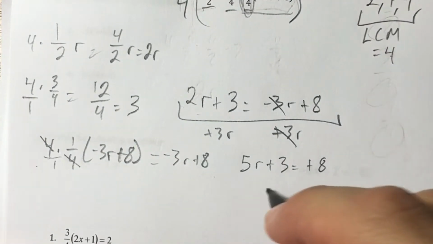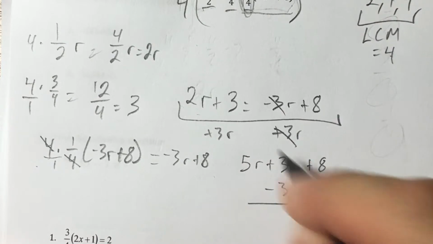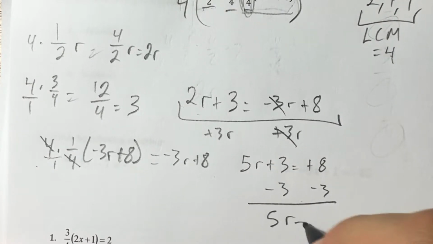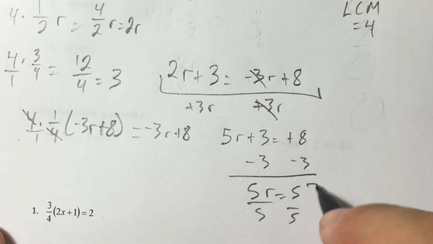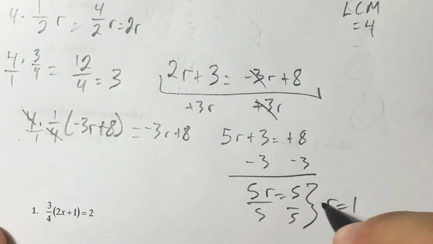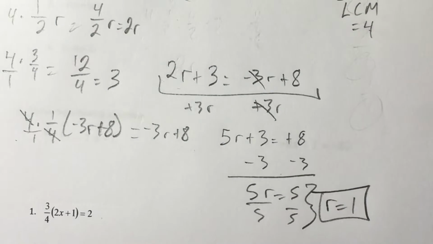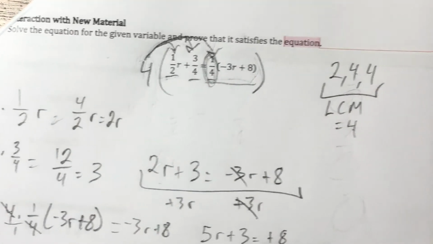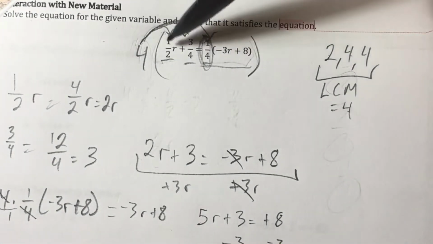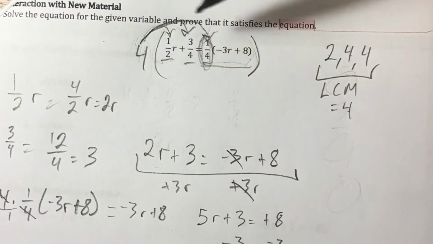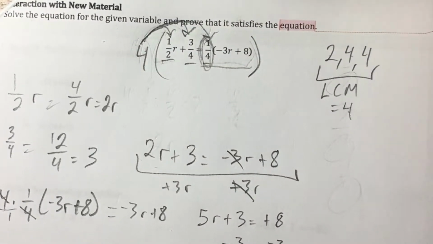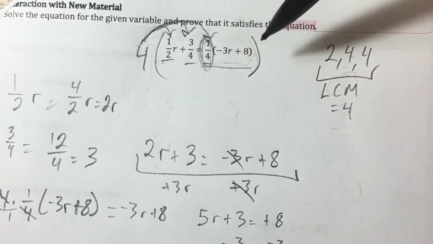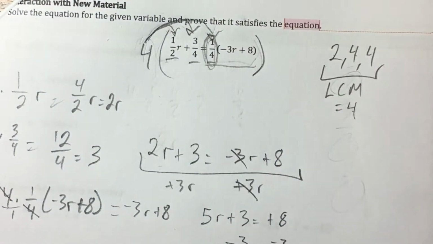Now to solve, subtract 3 from both sides. 5r equals 5, divide both sides by 5 to get r equals positive 1. So our steps for this: identify our fractions, find the least common multiple of our denominators, make sure we distribute to every single term, and then just solve.